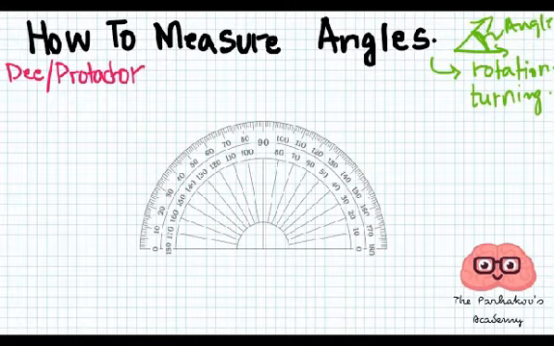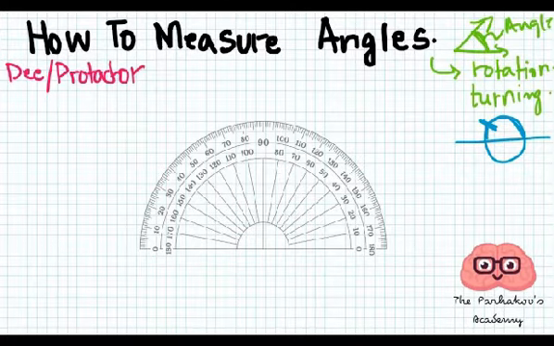So before starting to use it, let's first name its important parts. Okay, so this is nothing but a scale, but this is a semicircular scale. Semicircular means half circle. Okay, the semi means half. So this is semicircular scale or a half circle kind of a scale.